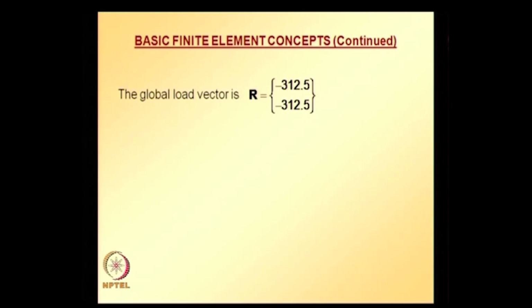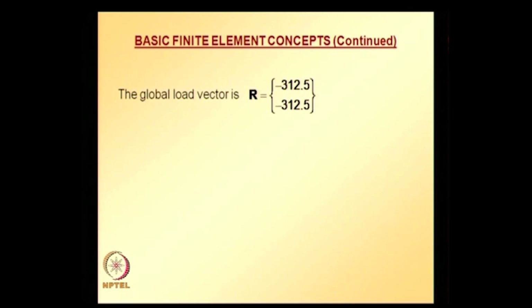That means we are removing all the components in the global load vector which correspond to node 1, node 2, node 3, and which correspond to the locations 1 to 6. In removing those, we get the reduced global load vector, which is shown there. So, we have the reduced stiffness matrix and reduced load vector.